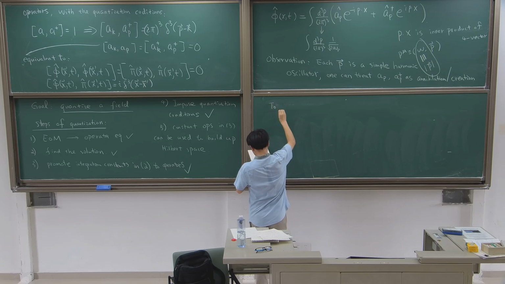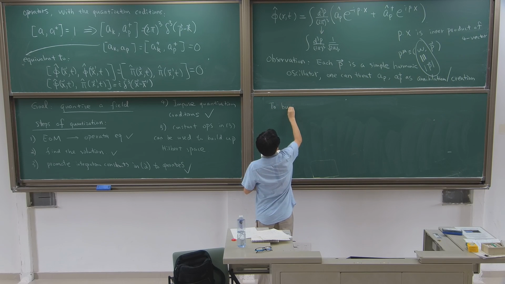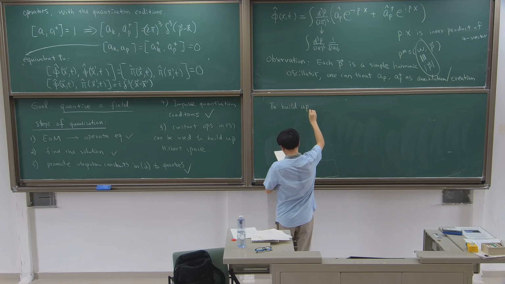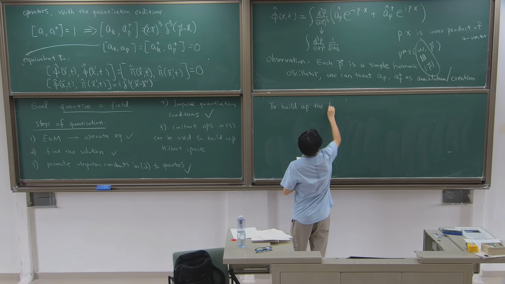Now we are arriving at step 5, to build up the Hilbert space.